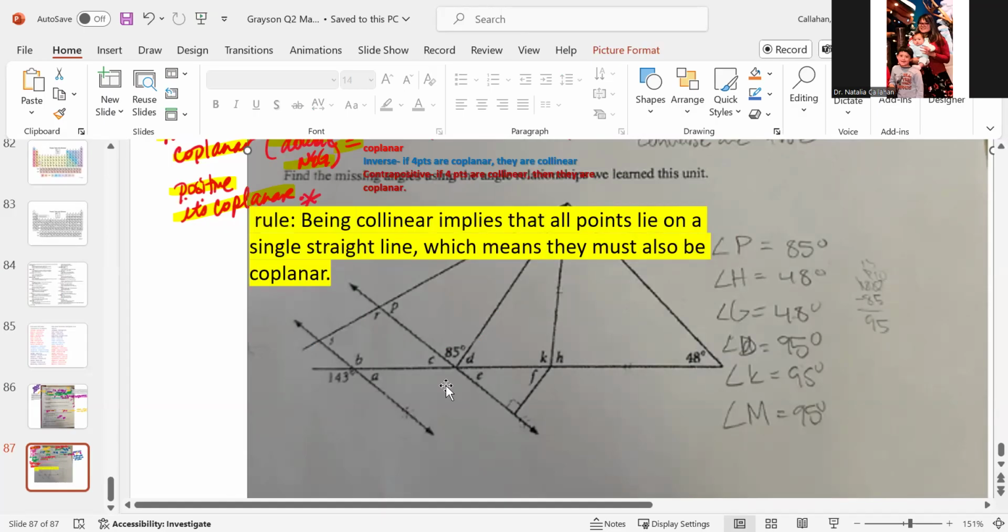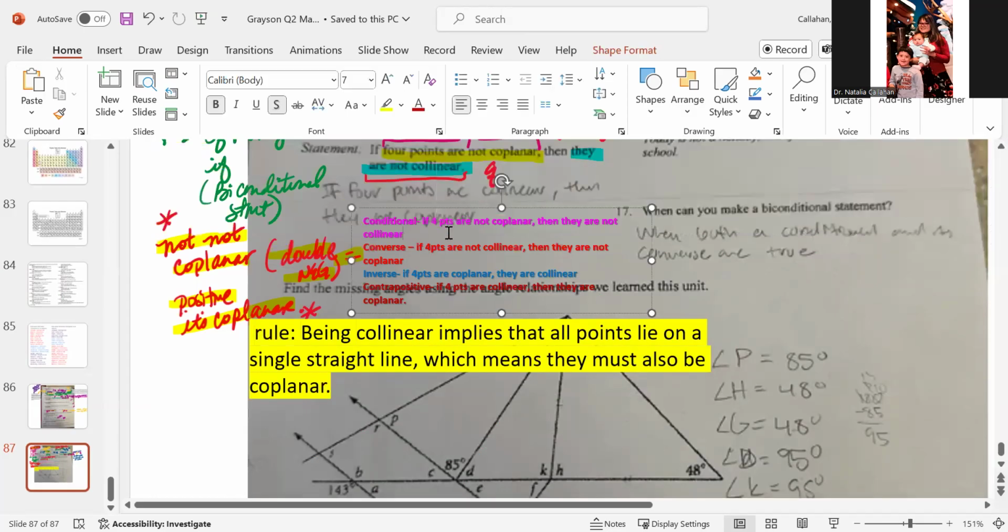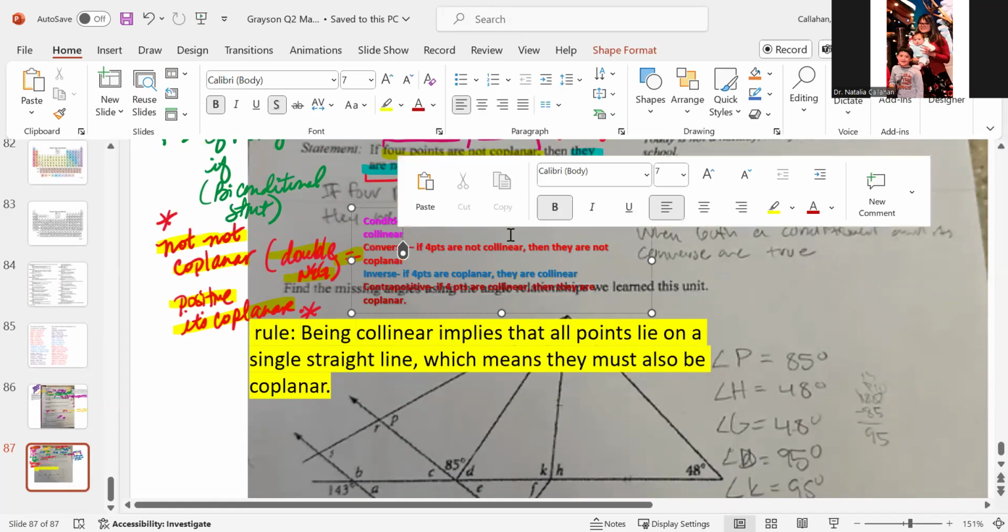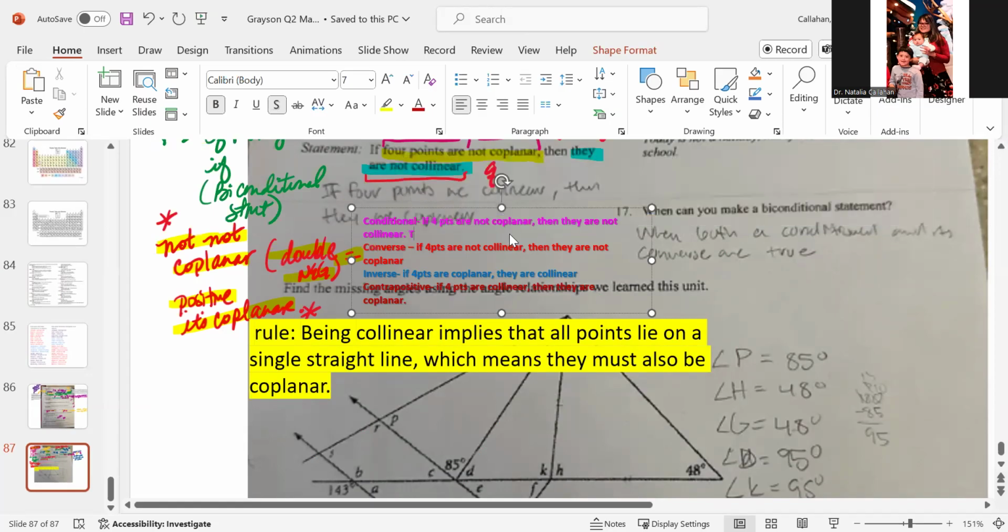Emma. Let's see. Okay, so then on the first one right here, 4 points are not coplanar, then they are not collinear. True or false? True, because why? Because being collinear implies that all points lie on the same line, which means they must also be coplanar.